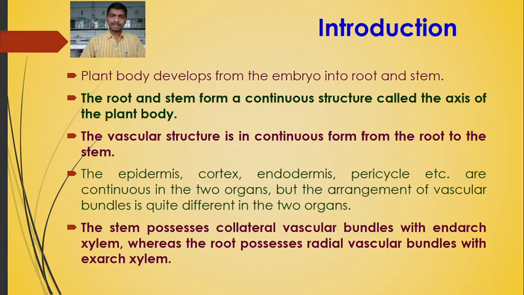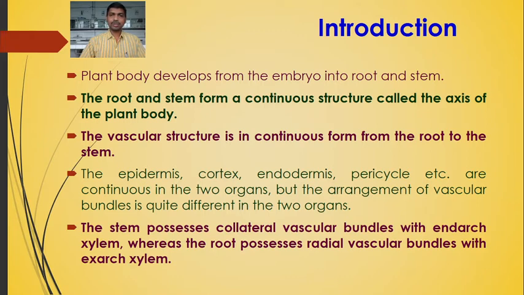So if we see the TS of the root and stem, the structures from outside towards the inner side are epidermis, cortex, endodermis, pericycle and vascular bundle, and at the center there is a pith. So these are continuous in the two organs, but if we see the arrangement of the vascular bundles, it is quite different in the two organs, that is root and stem.